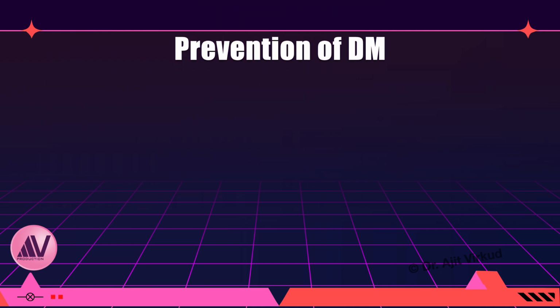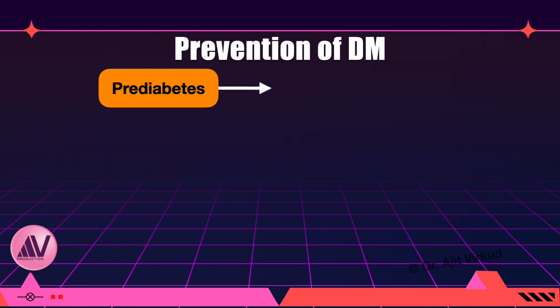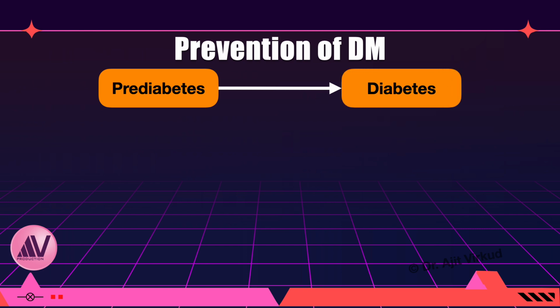Now let me say a few things about prevention of diabetes mellitus. Yes, it is possible to prevent overt diabetes mellitus in pre-diabetic individuals. Pharmacotherapy, that is use of anti-diabetic agents, is recommended for pre-diabetic patients. However, it is not recommended for general population and individuals without any high risk factors.